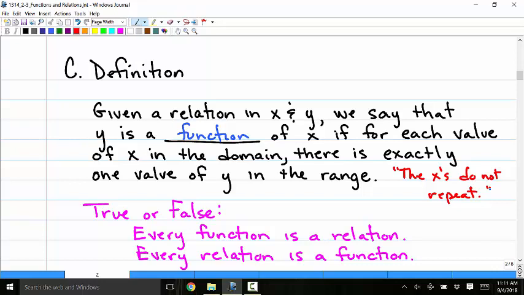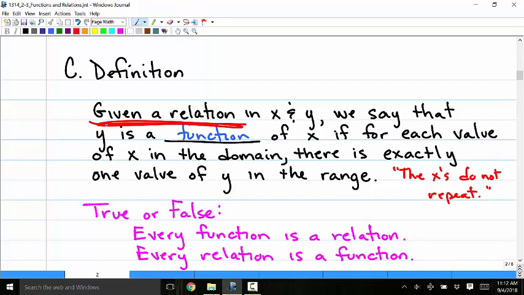So here comes the true-false question. Every function is a relation. Is that true or false? Every relation is a function, true or false? One's true, one's false. Okay, what does the definition of a function say?